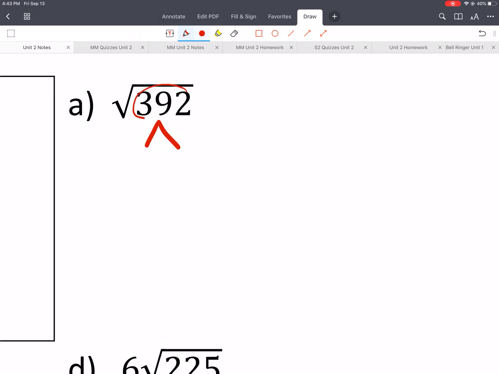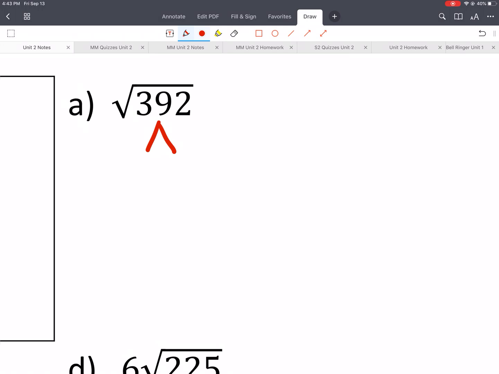What can we divide this number by? Perhaps in the past you talked about some tricks and helps to simplify, but I think one of the easiest things is just to start dividing the number by a prime number, okay? And remember, 1 is not prime.